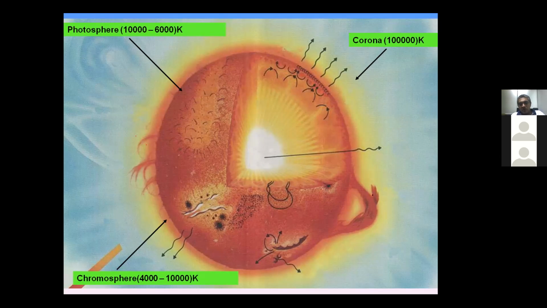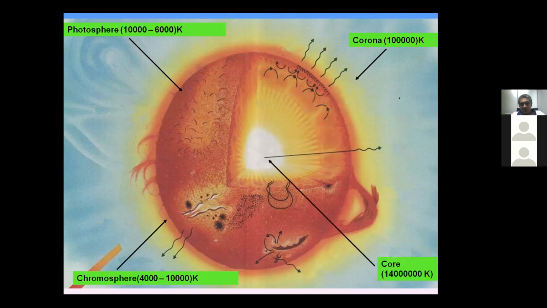Maybe this corona heating produces this much temperature outside the sun. So there are arguments and discussions going on about why the corona is so hot, hotter than the photosphere and chromosphere.